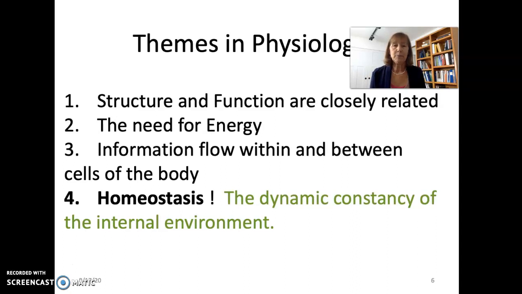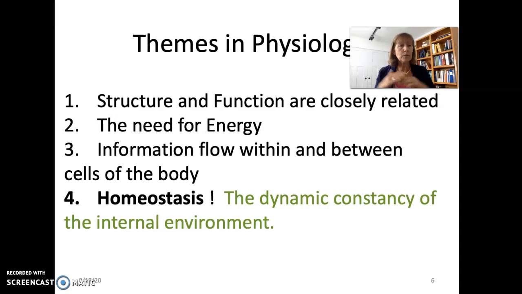And then a very important theme is homeostasis. I'm saying this for the first time and I'm smiling because we're going to hear it over and over again. Homeostasis is really the thread of physiology. It is the dynamic constancy of the internal environment. How do we maintain an environment without a fever and without being chilled? How do we stay at that level?